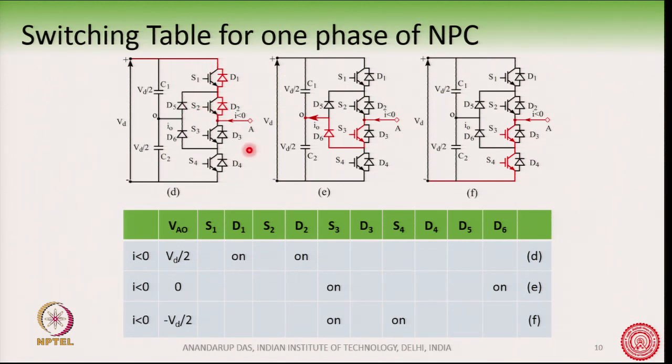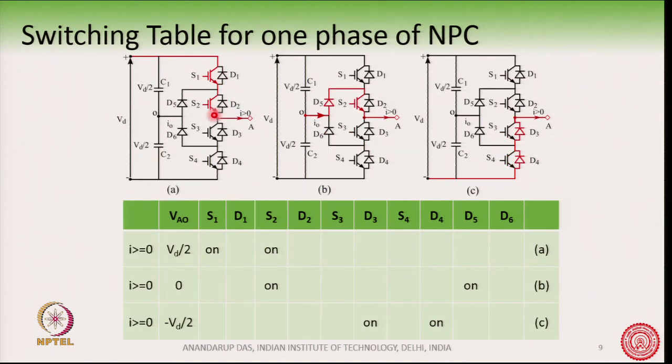Comparing this figure with this figure, if I want VAO to be equal to Vd by 2, then give positive gate pulses to S1 and S2.